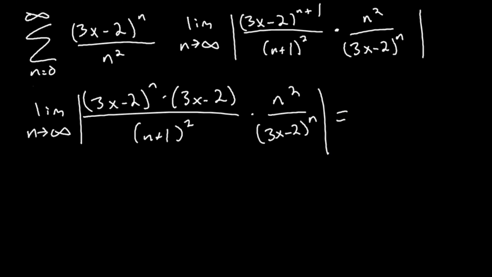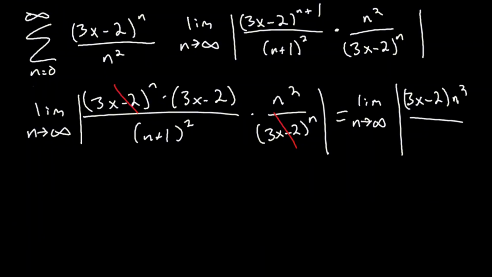Once we have this, we can cancel out some values to get a new limit, n approaching infinity for (3x minus 2) times n squared over (n plus 1) squared. And remember, when you take a limit to infinity, you only care about the largest exponent values in the numerator and the denominator.